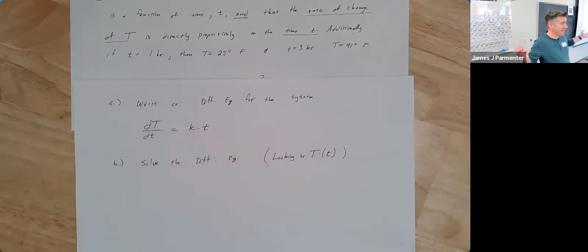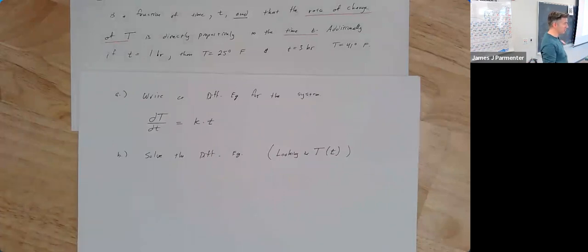I really only have two options. I can either separate variables, or if I can't separate, then it's the first order linear integrating factor approach, which is also fine, but I would definitely prefer to separate variables if I can. And we totally can here. I'm just going to bring the little dt over to the right.